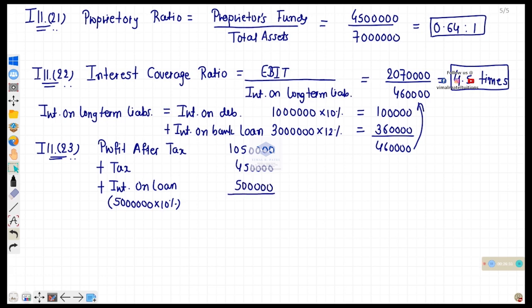So your profit before tax and interest, this is your EBIT, 20 lakhs. Now your ICR. In the capital structure question, I have written ICR, you know? It is this interest coverage ratio.